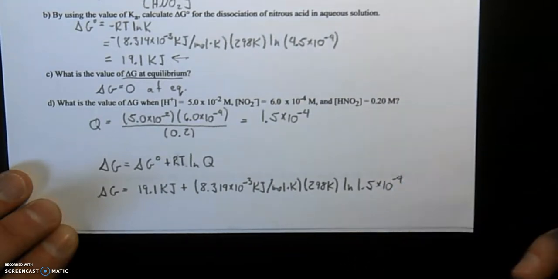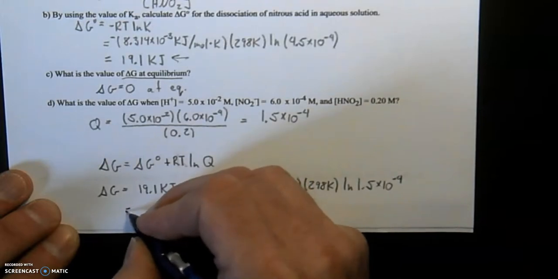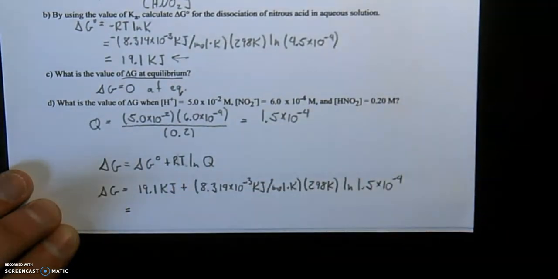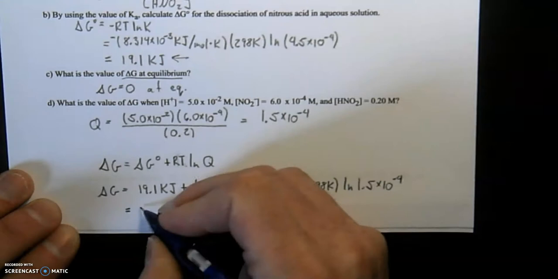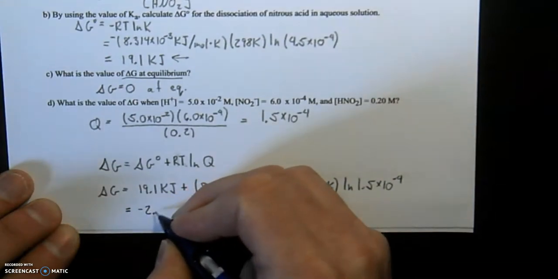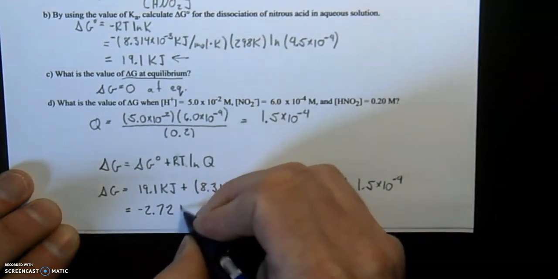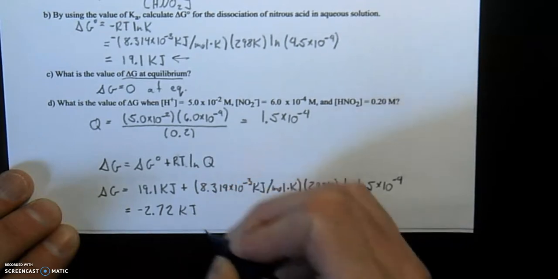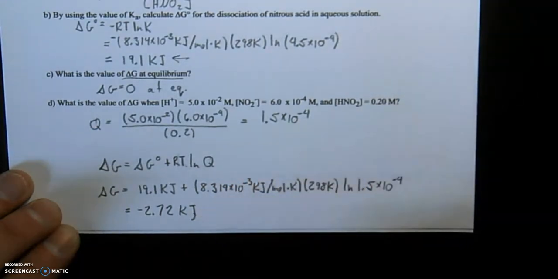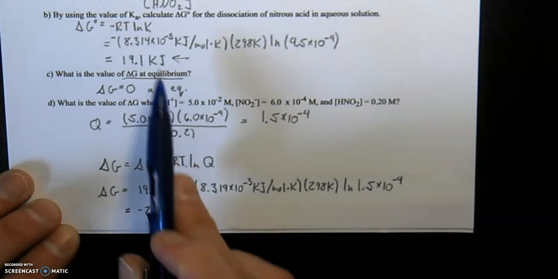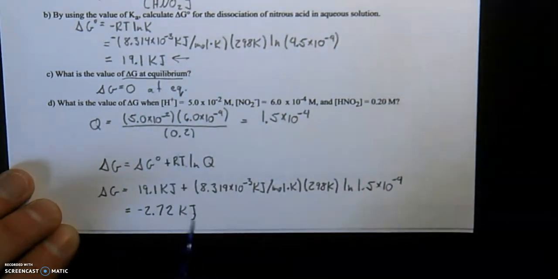And that's, of course, from above. If we run this calculation with these changing conditions, that will give us negative 2.72 kilojoules.